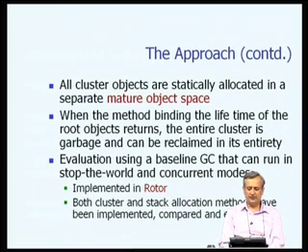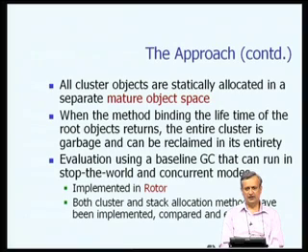All cluster objects are statically allocated in a separate mature object space. This space is separate from either the stack or the heap, and it is not collected by the garbage collector routinely.